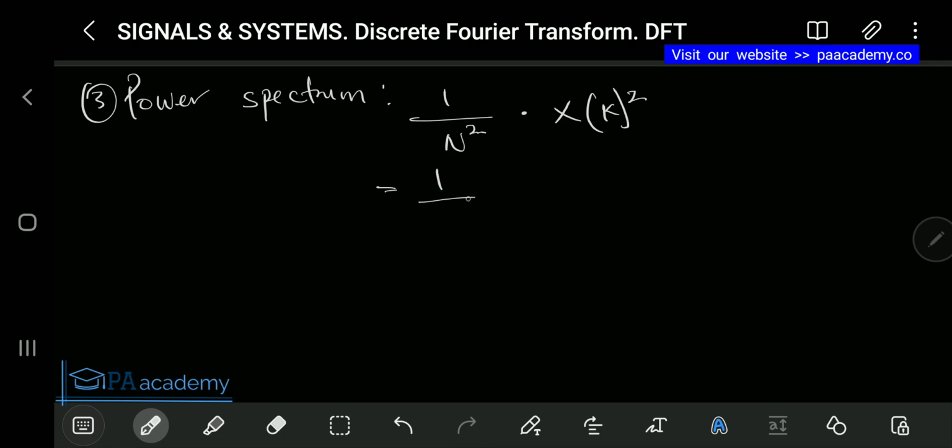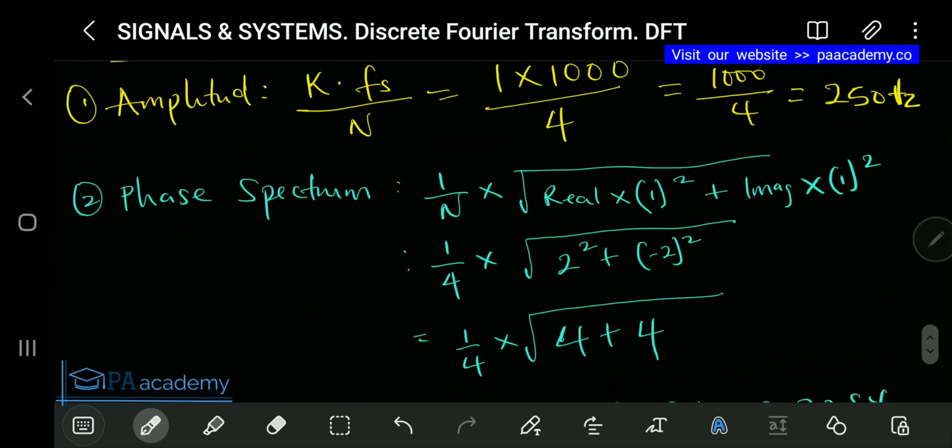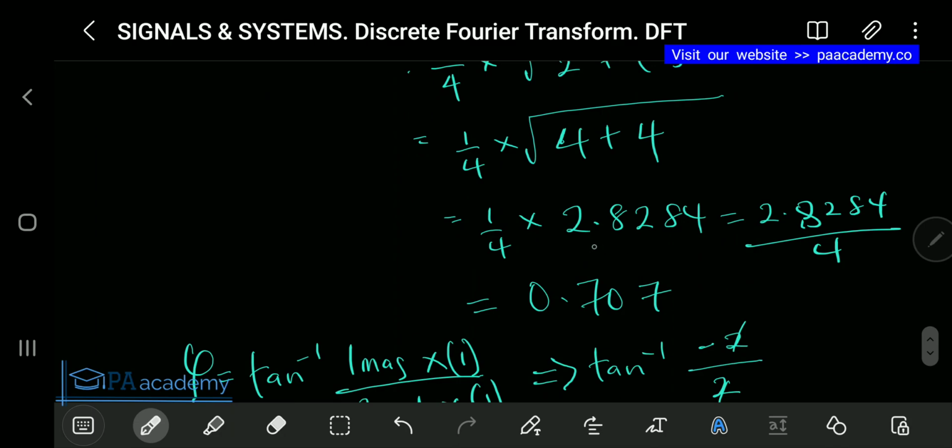So that would be 1 over 4 squared multiplied by, so for this X of k, we don't really need to do any calculation. We can pick it from here. So this will be the value for X of k. The only thing we need to do now is to square it.